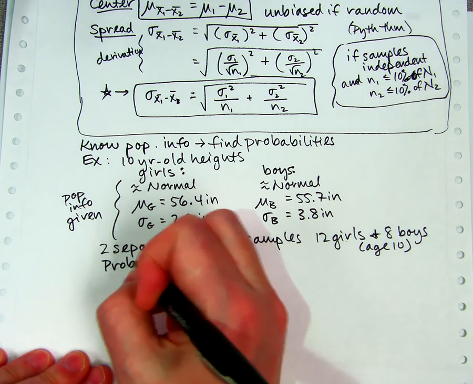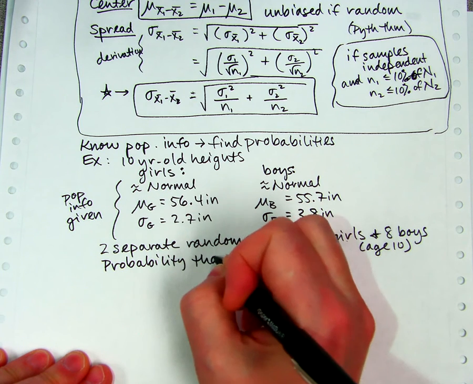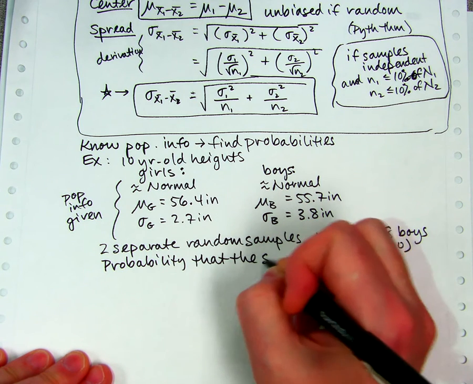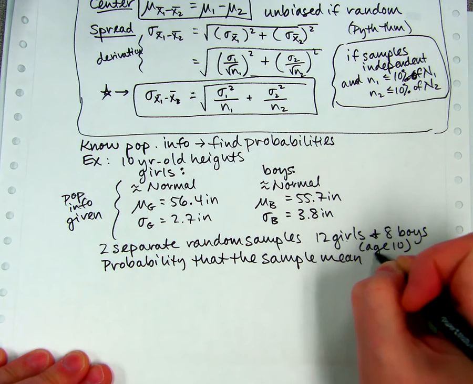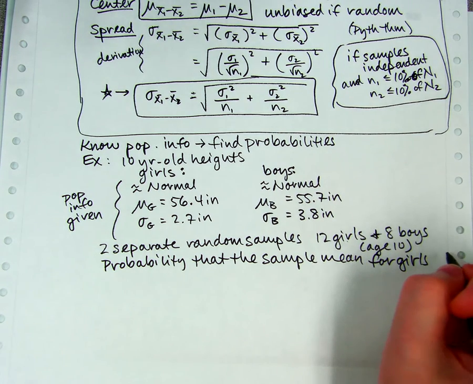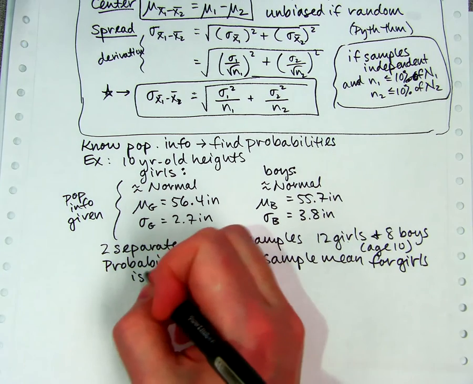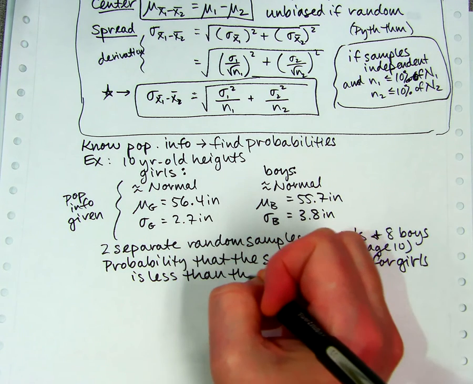Probability that the sample mean for girls is less than the sample mean for boys.